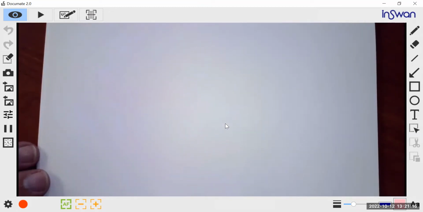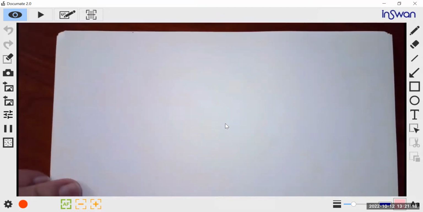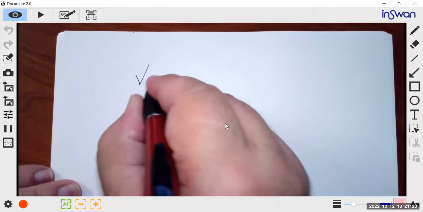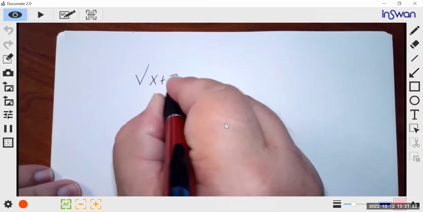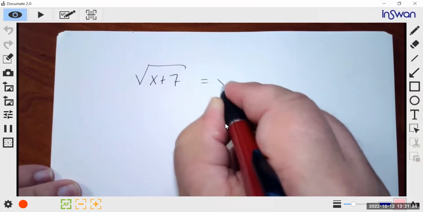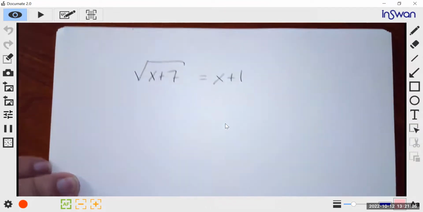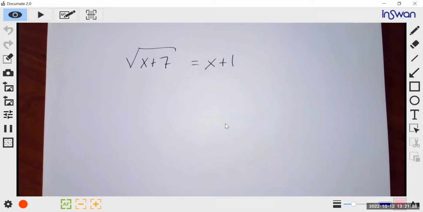Let's put x's on that side. The square root of x plus 7 equals x plus 1. Is the radical isolated? Yes.